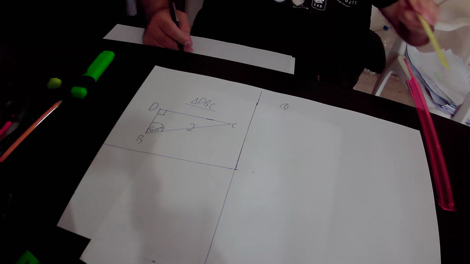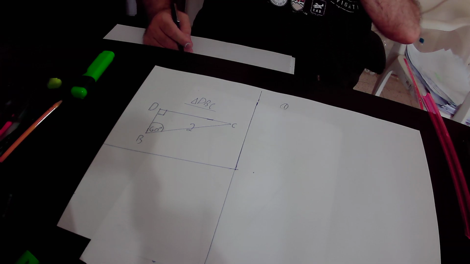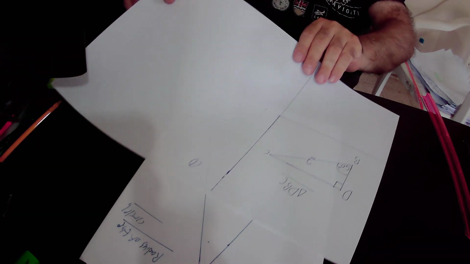We know that the sum of the angles inside triangle DBC must be equal to 180 degrees. So which angles do we have inside the right triangle DBC?